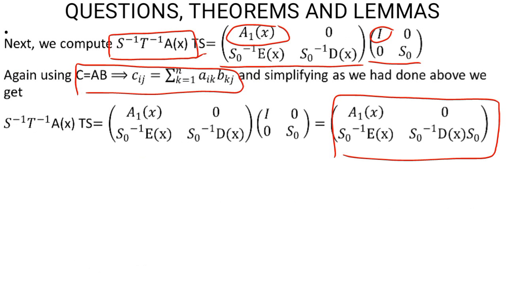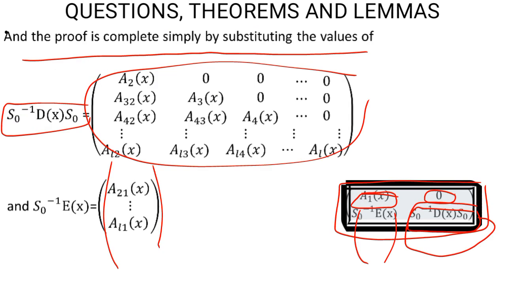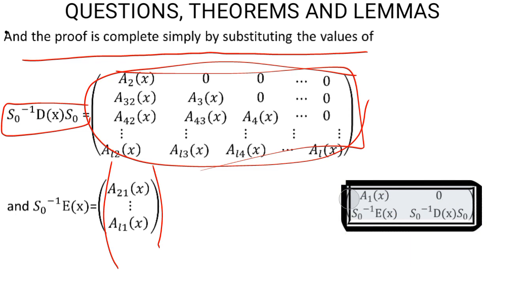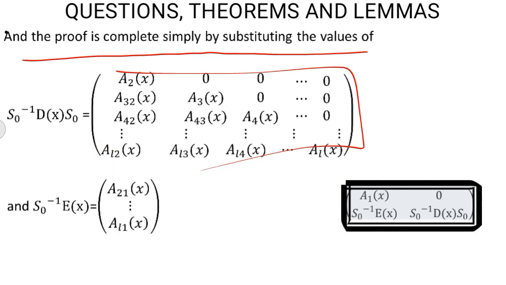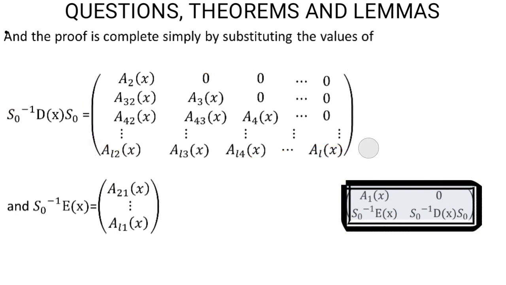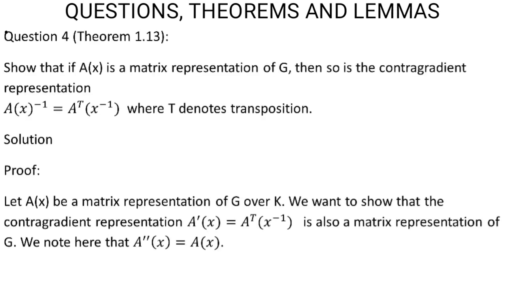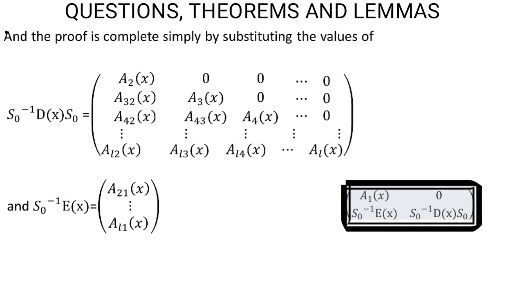So by the time you substitute, you get exactly what we have here, S naught inverse dx, right? Which is what we have here. So you could just pause the video, run over the entries again, do your calculations, I meant to say multiplications, and compare and contrast results. And with that, we are done with the proof of that particular theorem.